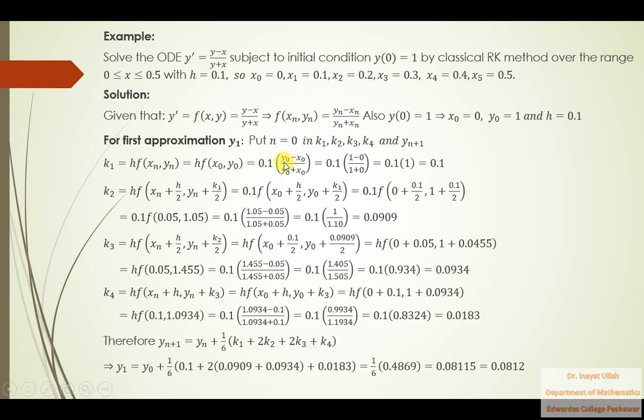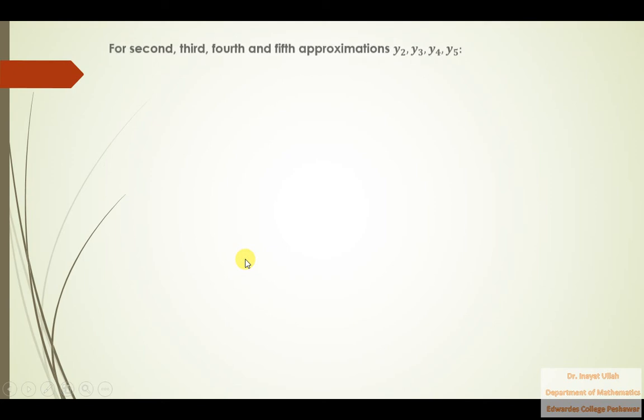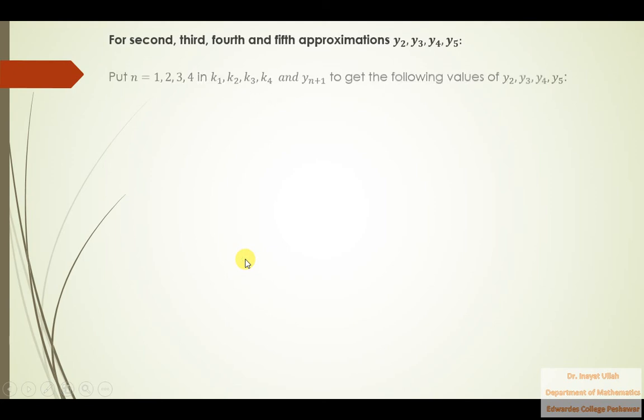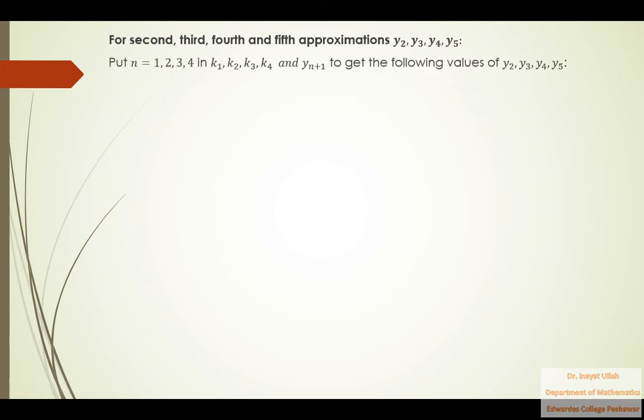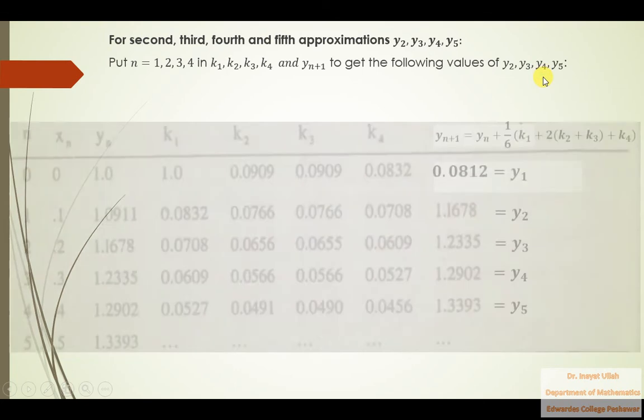So that will become y1 minus x1 divided by y1 plus x1, and calculating you will get k1. The same thing, that will become x1 plus h by 2, that will become y1 plus k1 by 2, and so on. So in the same manner, you can find those approximations by putting n is equal to 1, 2, 3, 4 in all these cases, and finally n plus 1 to get y2, y3, y4 and y5.